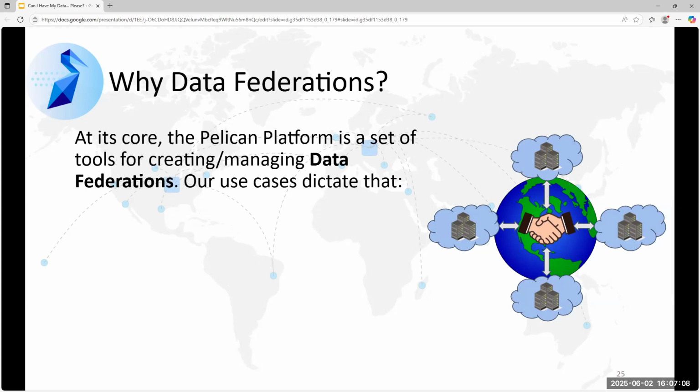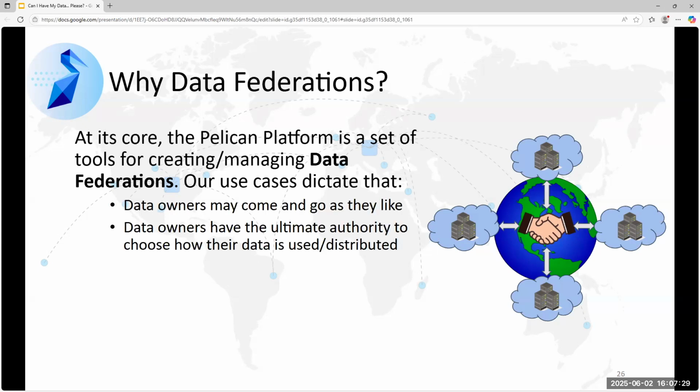Now, if you think about the OS pool, this looks like different campuses and institutions joining their computational capacity together. And in doing so, they unleash the power of high throughput computing and do types of science that would otherwise be unfeasible. Now, if we take this concept of federations and we apply it to data, we see that a few things have to be true.